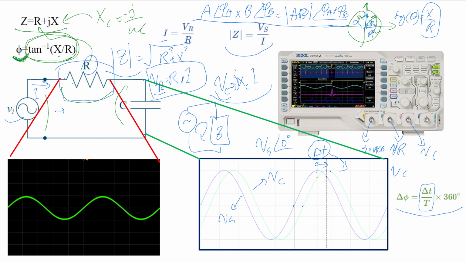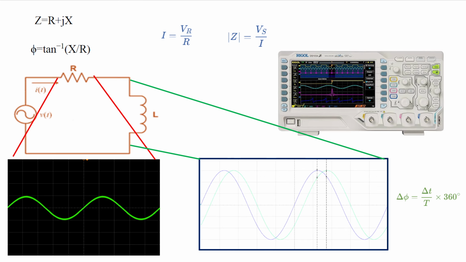And we already know that the full cycle is 360 degrees. So whatever ratio of the time shift you have, times that 360, is going to be the phase shift between the two values. This is how you can calculate the phase shift between the voltages in your circuit.